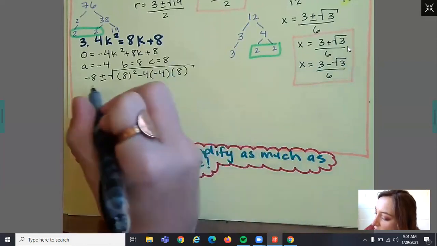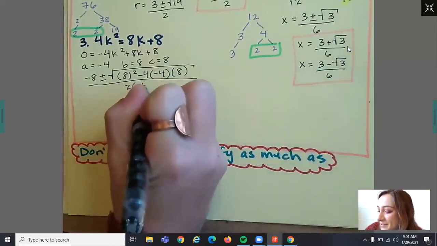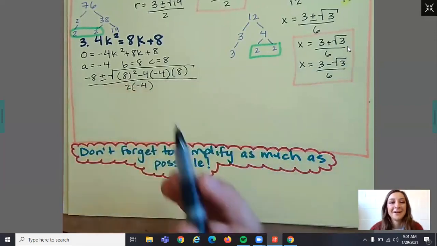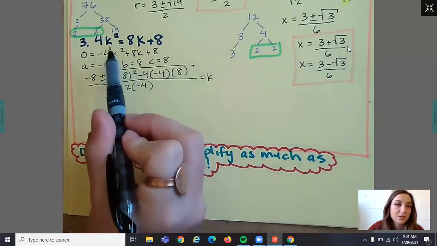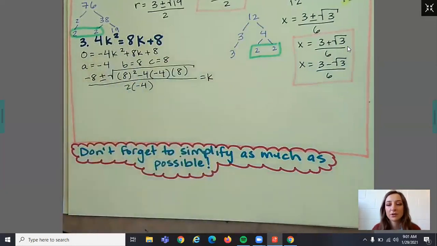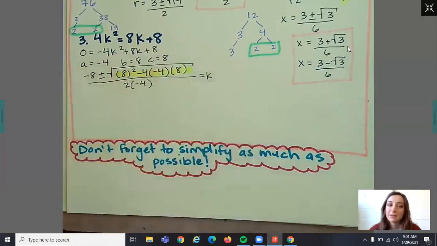Okay, and then it goes over to 2a, and you can tell my voice is fading a little bit now. Okay, and this is all equal to k because this is the solution for k, but we do want to make it look a little prettier, so let's start simplifying. Just like before, we're going to go to Desmos and type in that entire thing, and of course, if you have a calculator, you can do that there as well.